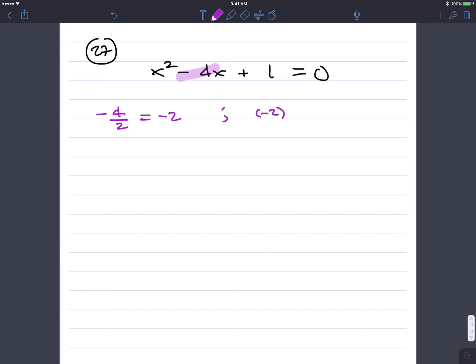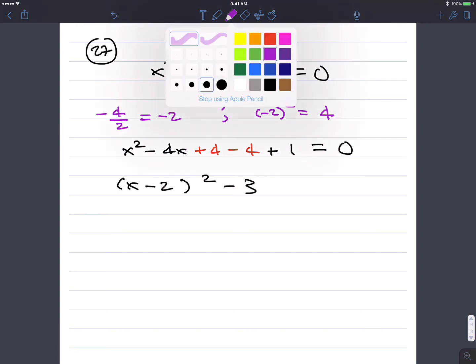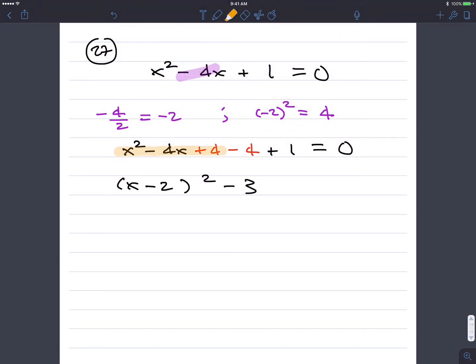Notice I'm doing the same exact thing I did before. We got x squared minus 4x. We're going to add 4. We're going to subtract 4. Plus 1 is 0. First 3 terms, I factor. This is x minus 2 squared. Last 2 terms I add. So let me remind you: factor the first 3 terms, add the last 2. And this equals 0.